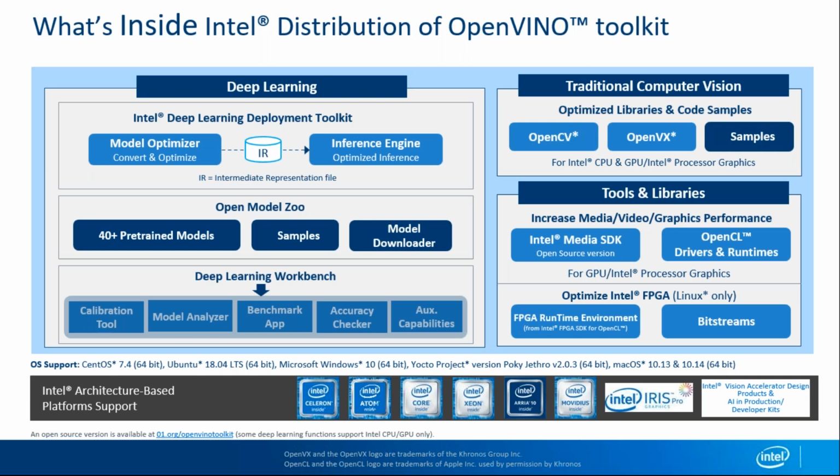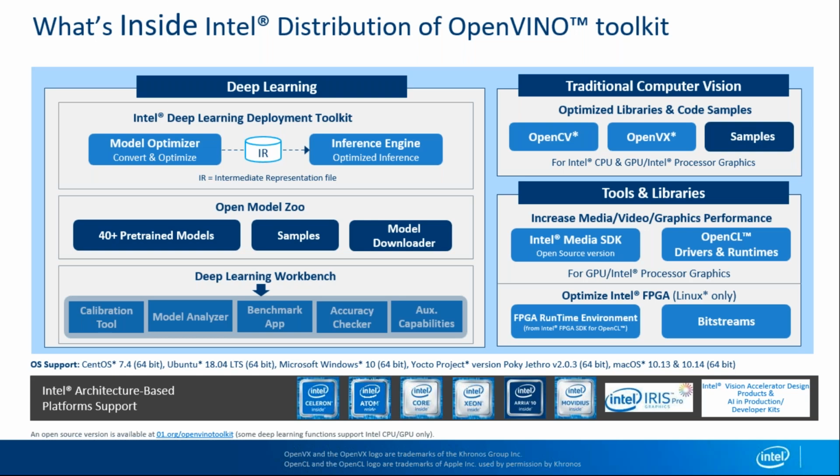OpenVINO toolkit will be in charge of loading the right accelerator for you. We have two interfaces for the inference engine, one in C++ and one in Python, so you have a choice between the two languages.